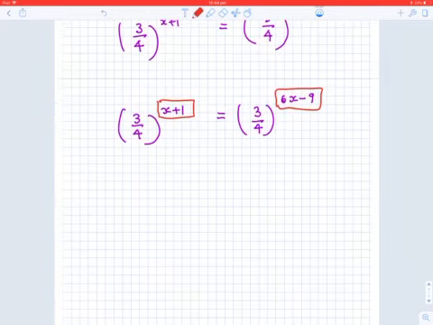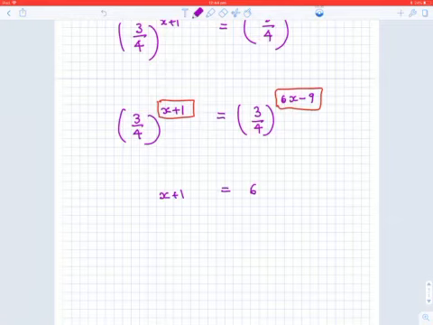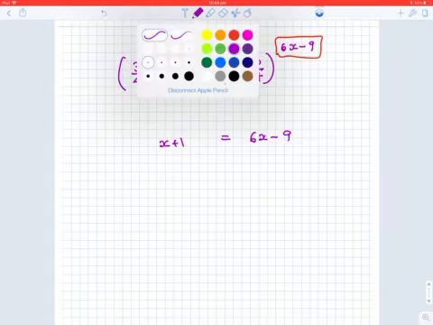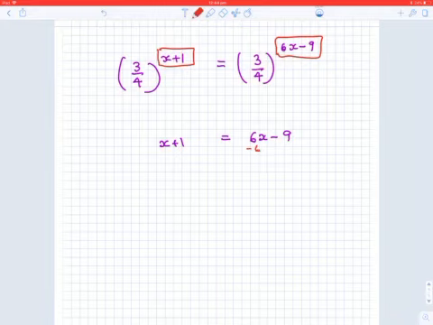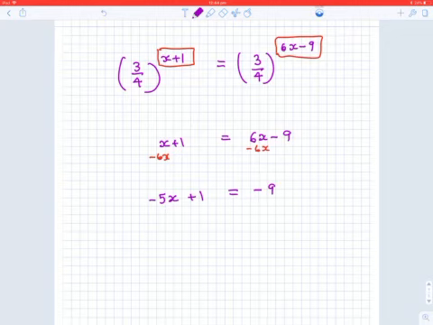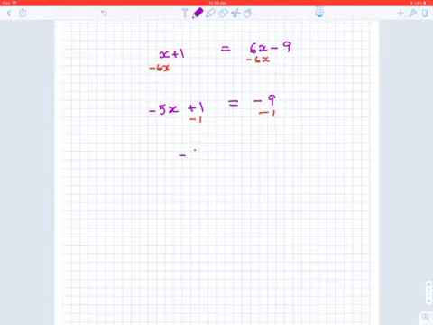When you compare the powers, one side you have x plus 1, the other one is 6x minus 9. Since the bases are the same, with an equal sign, we get the equation x plus 1 equal to 6x minus 9. Now I'm going to do minus 6x on both sides, and that gives me minus 5x plus 1 equal to minus 9.